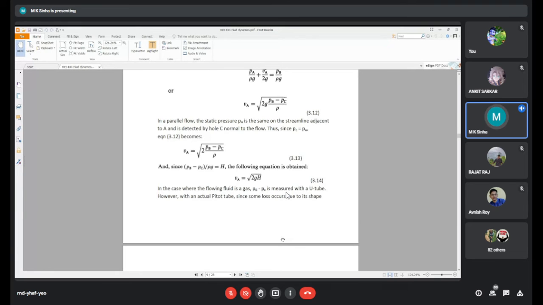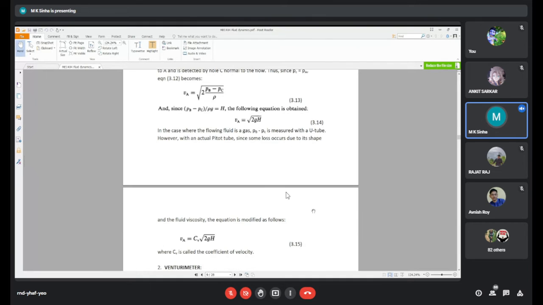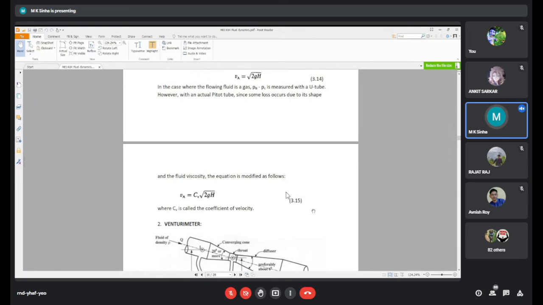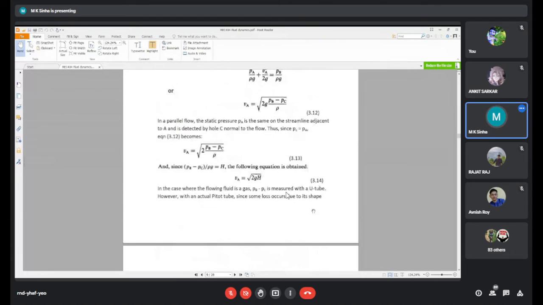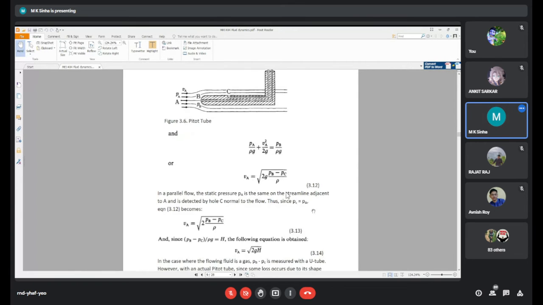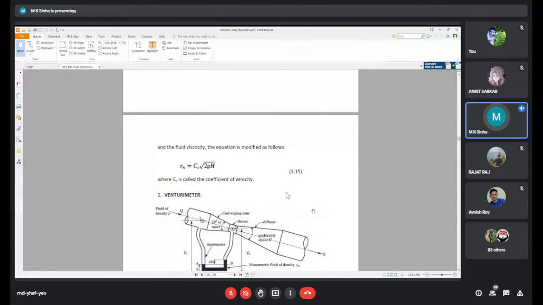However, with an actual pitot tube, some loss occurs due to its shape. So the flowing fluid velocity VA is equal to Cv times the root under 2gh. H is nothing but the pressure difference in terms of the head, and Cv is the coefficient of velocity.